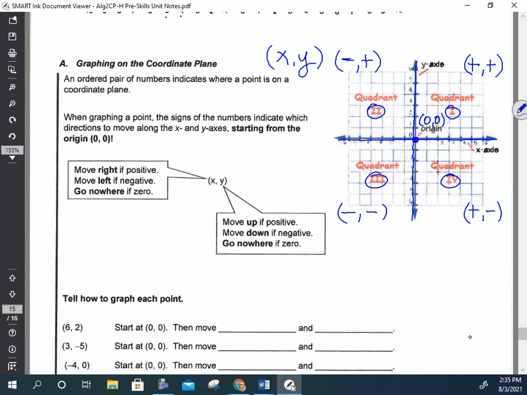As it relates to the two axes, if you're on the x-axis, then the first number, the x value, will be a number, but the y value will be a 0. For the y-axis, the first number would be 0, and the second number would be an actual number. Could be positive, could be negative, but it'll be a number.